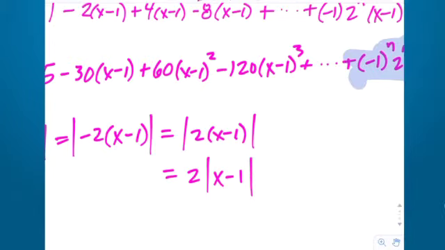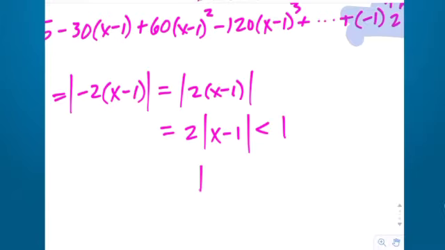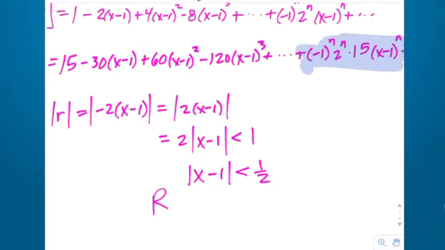That has to be less than 1, according to the geometric series test. And because I'm trying to get it as x minus 1 less than the radius, all I have to do is multiply both sides by 1/2, and you get less than 1/2. So your radius of convergence is 1/2.